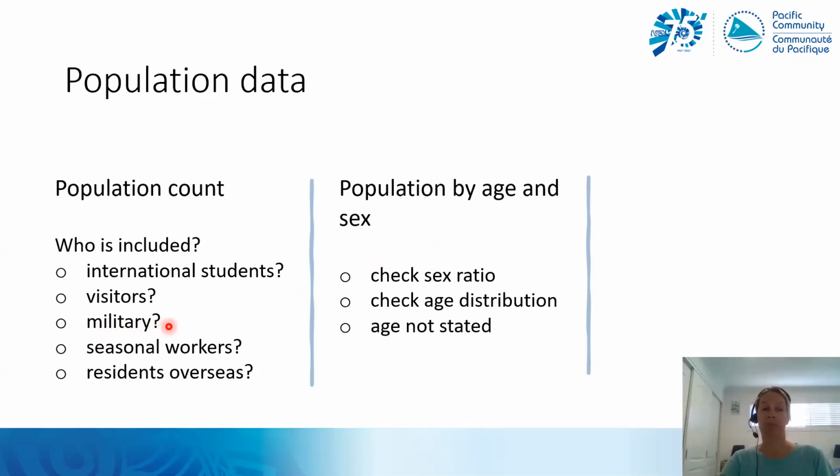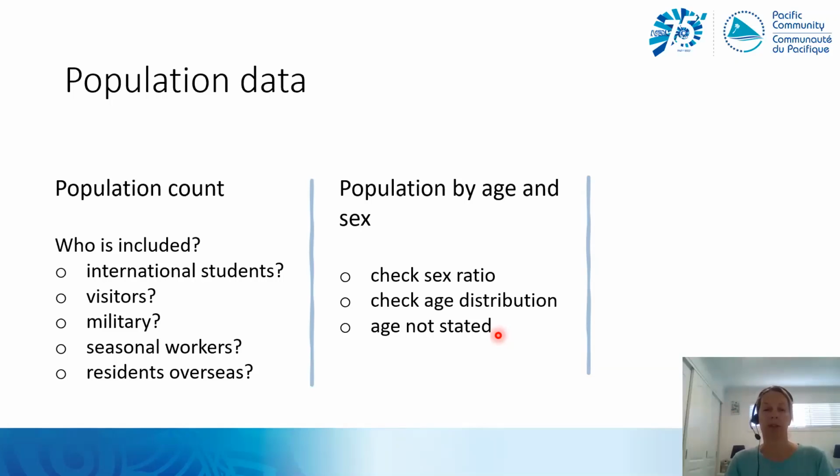For instance, going back to that military concept, if you've got a large military base, such as in the Marshall Islands, you might expect to see more males in some of those younger adult age groups. You'll also often find you'll have some people who don't state their age. And how do we treat them? We don't want to exclude them from the population because that's losing information.